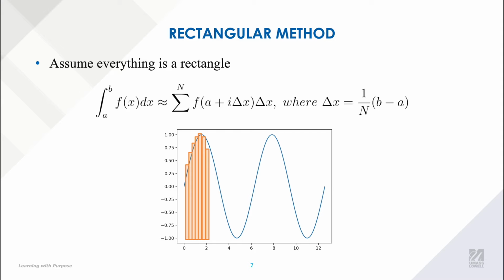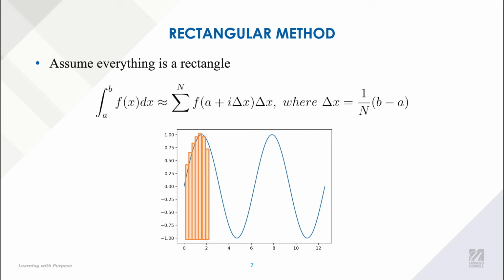You can see in the drawing here, sometimes this overestimates, sometimes this underestimates, but we're just looking for an estimate. So what are we looking at then? If we get some update, so our function value f, at some step x, and we multiply that by whatever the delta x is since the last time we got the update, we add all those things up together, we'll get some estimate of the integral.